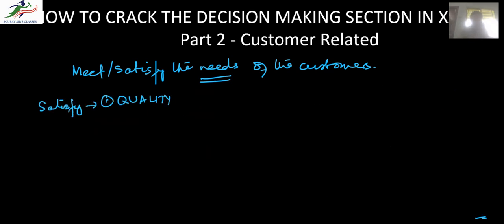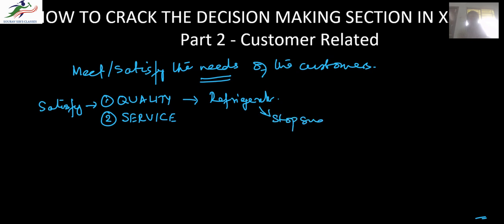The other parameter is the service. What does that mean? You supply a refrigerator which is of good quality, which is working fine, but after a month something causes the refrigerator to stop suddenly and you receive a call.